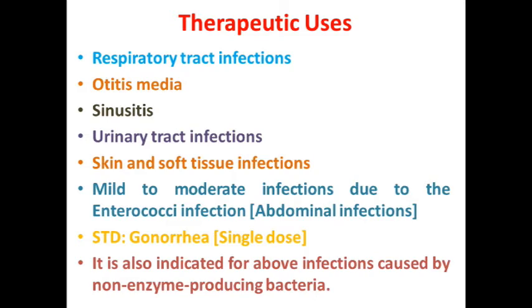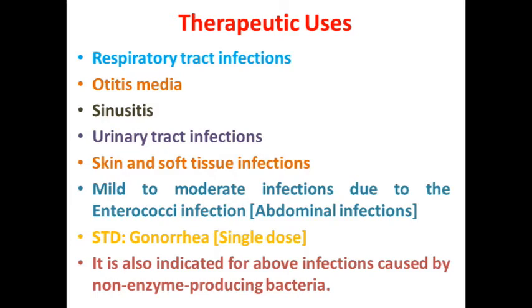As far as therapeutic uses are concerned: respiratory tract infections, otitis media, that's the ear infection, sinusitis, urinary tract infections, skin and soft tissue infections, mild to moderate infections, especially of abdominal origin due to enterococcus, sexually transmitted diseases or STDs in the form of gonorrhea, single dose. I think amoxicillin is 3 grams plus clavulanic acid plus probenecid.